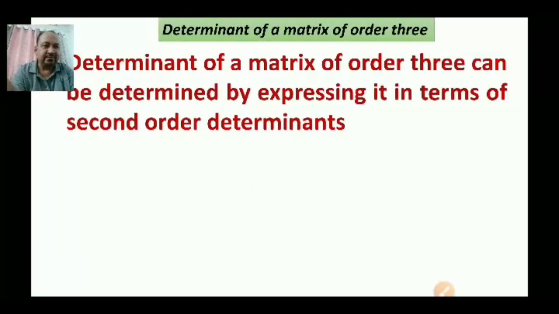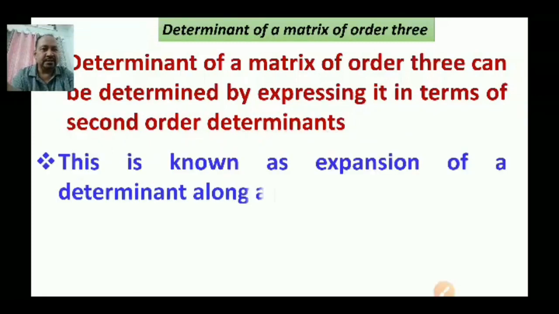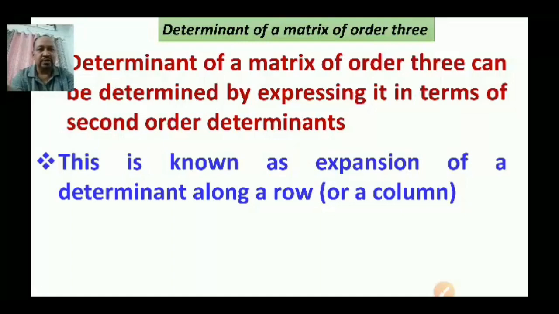Determinants of matrix of order 3 can be determined by expressing in terms of second order determinants. This is known as the expansion of a determinant along a row or column. You are free to expand a determinant along a row or along a column.